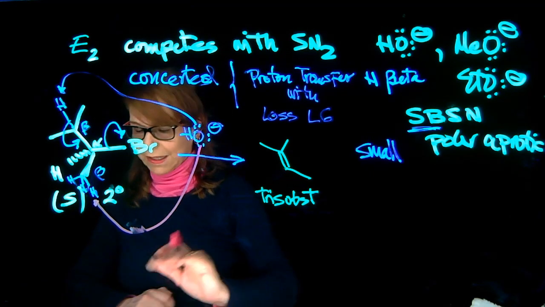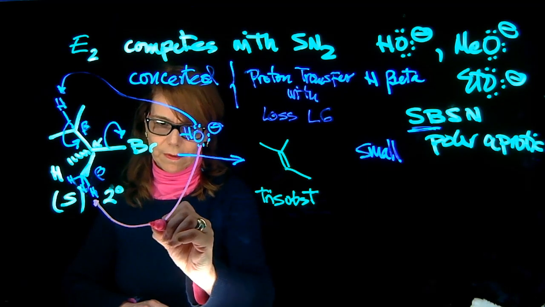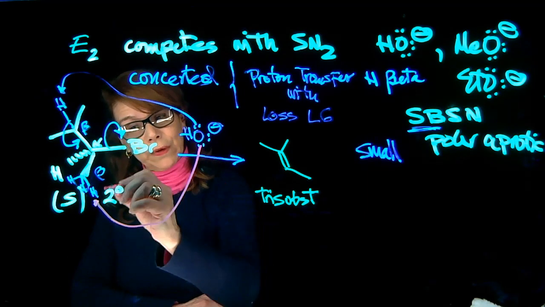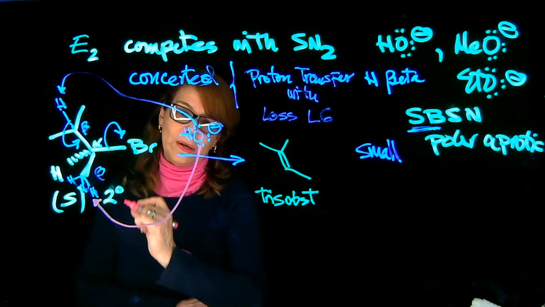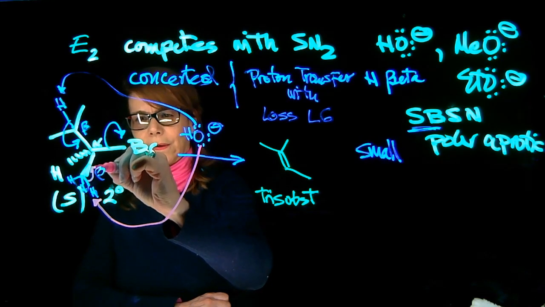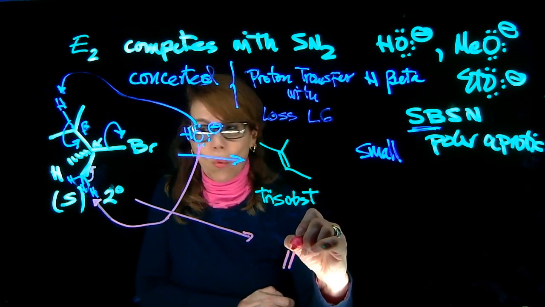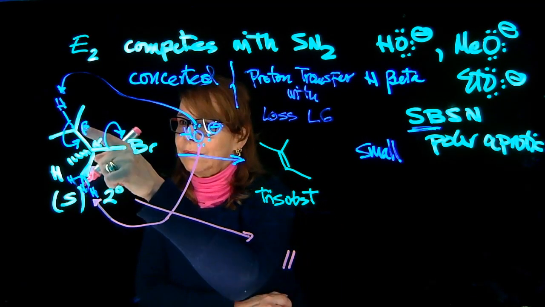If it attacks one of these beta hydrogens, then you will form a double bond here. Let's remove this beta hydrogen, the one at the other carbon, this one here.